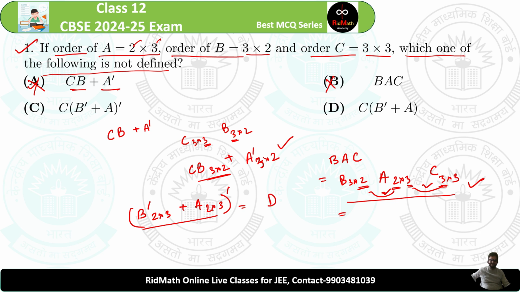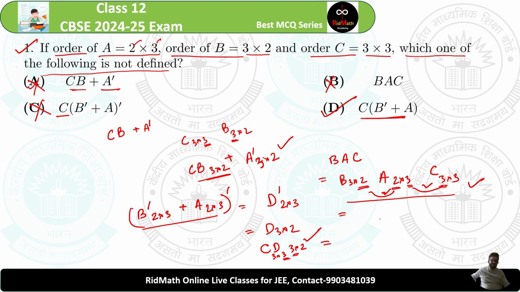Suppose D is of order 2 cross 3, and its transpose means D is of order 3 cross 2, and this is C. So C into D, C is of order 3 cross 3 and this is of order 3 cross 2. So the row and column are the same, that means C into D is well defined. So this is also not the answer, that means D is the answer.